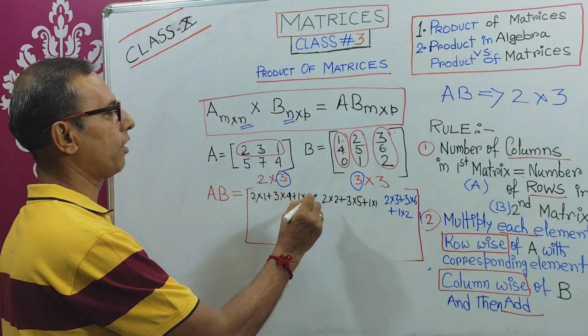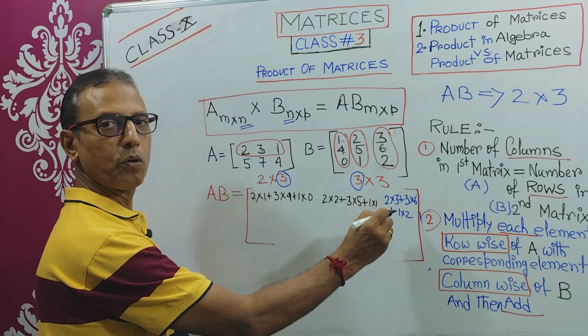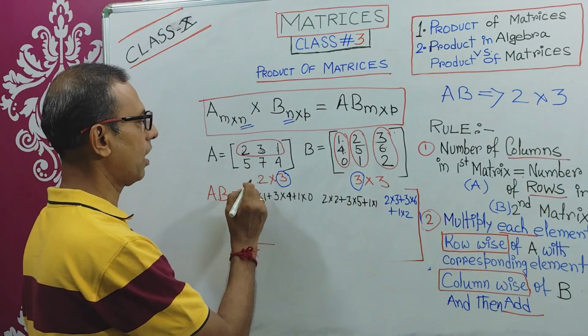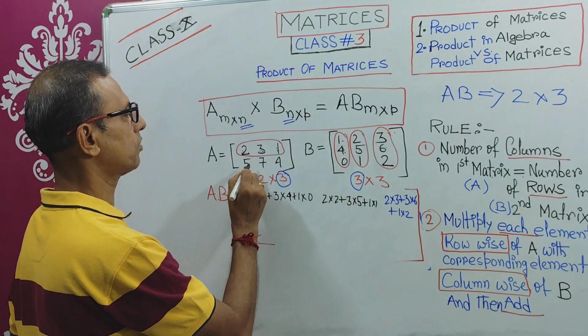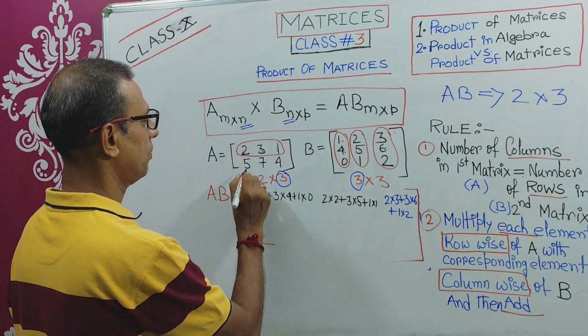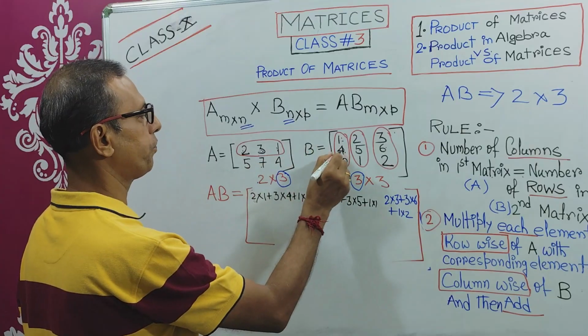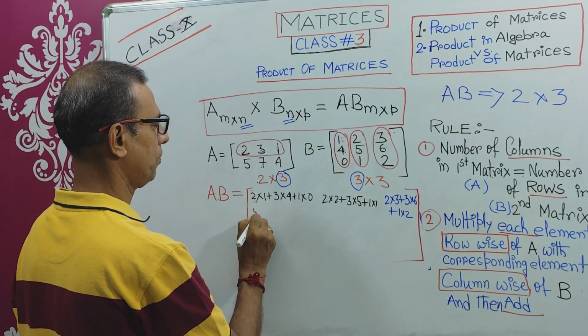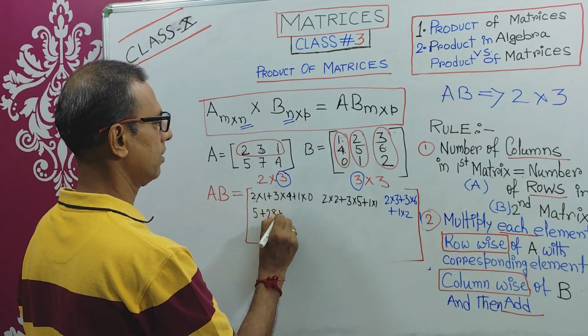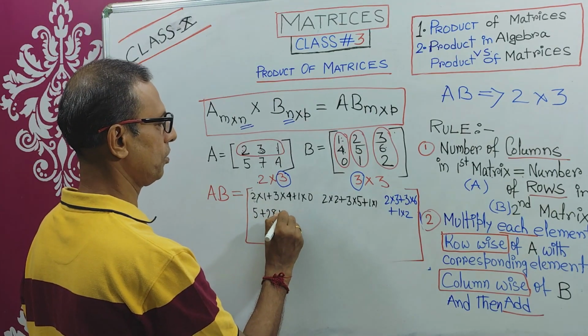So now I got the first row of the resultant matrix. Now we'll do it for the second one, right? So first row multiplication is done. Second one is 5 into 1 plus 7 into 4 plus 4 into 0. 5 plus 28 plus 4 into 0, 0.